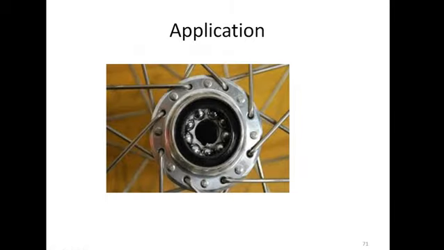Here you will see the application of these bearings. This is a common application, which you have observed in a vehicle. If you are using a two-wheeler bike, just observe the wheel of your two-wheeler.